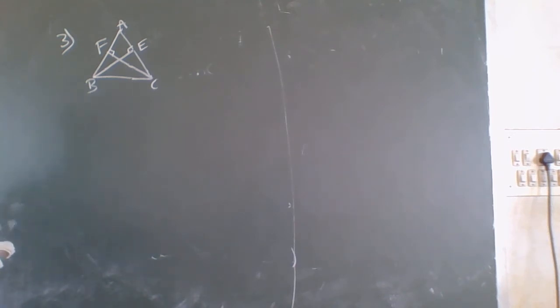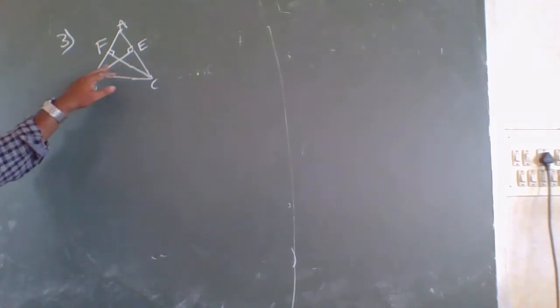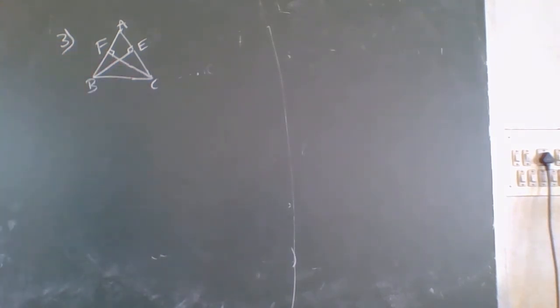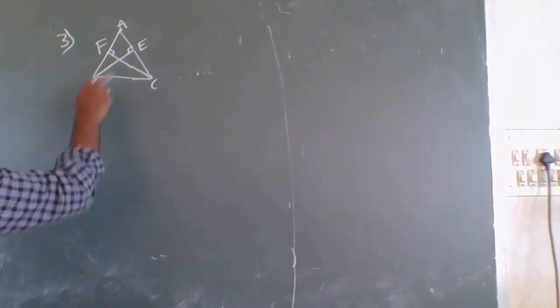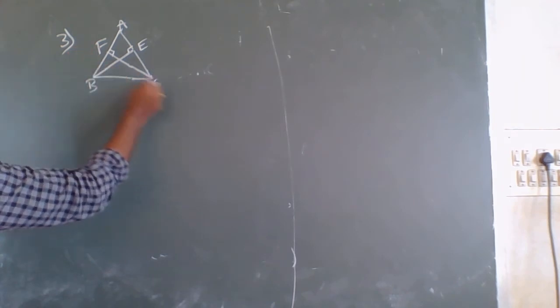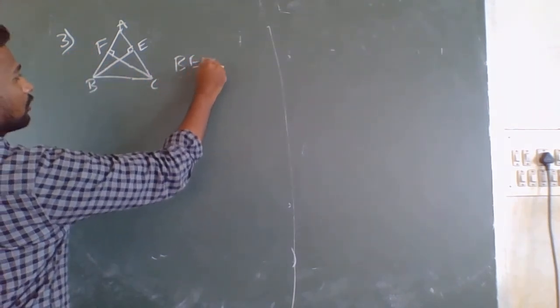Show that these altitudes are equal. Therefore, we have to show that BE is equal to CF.